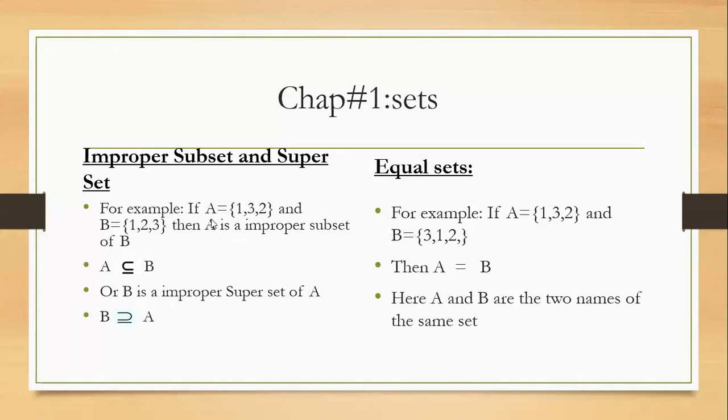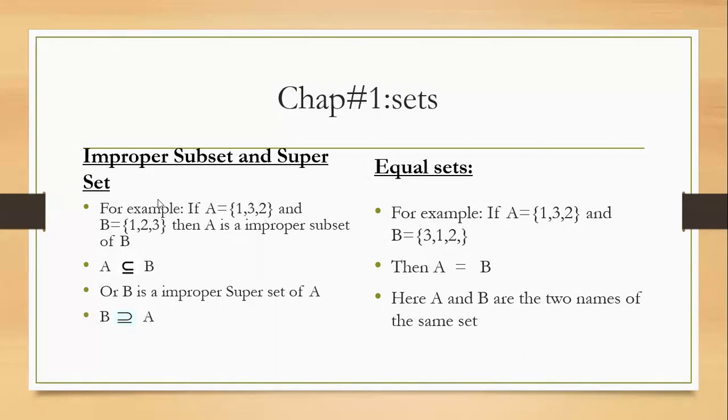If A contains the elements 1, 3, 2 and B contains the elements 1, 2 and 3, then A is the improper subset of B. How? Here you can see, for example, if A contains the elements 1, 3, 2, and B also contains the same elements. Here you can see that elements are same, but the arrangement is different.